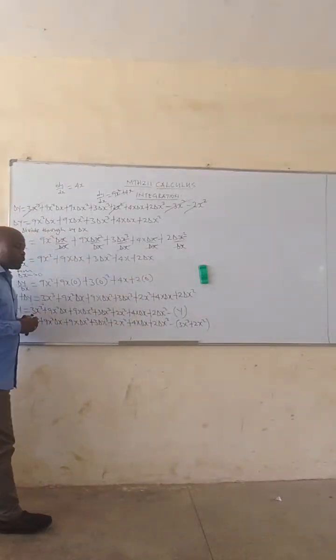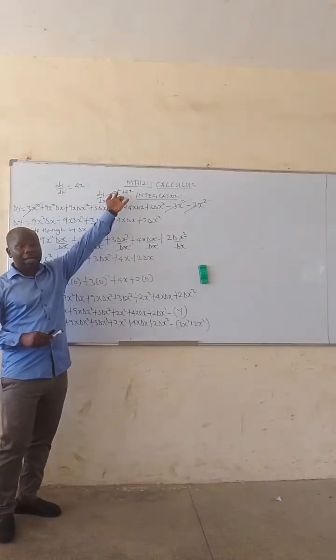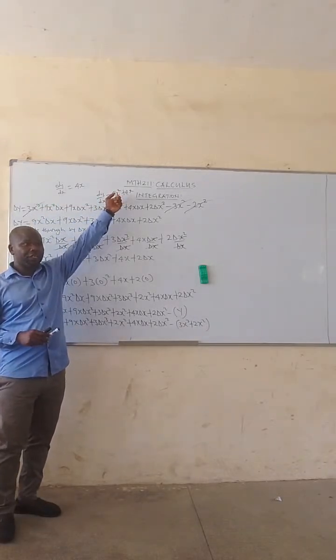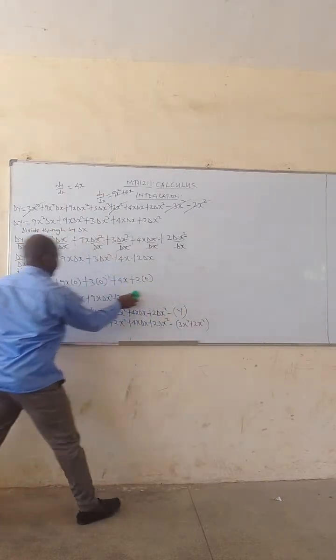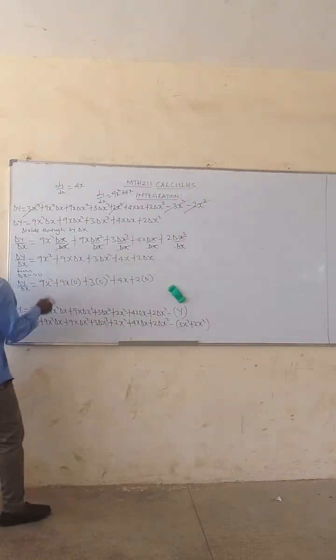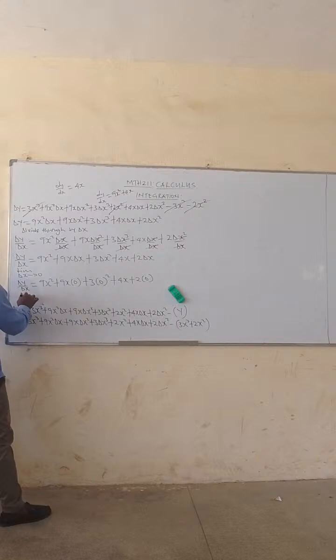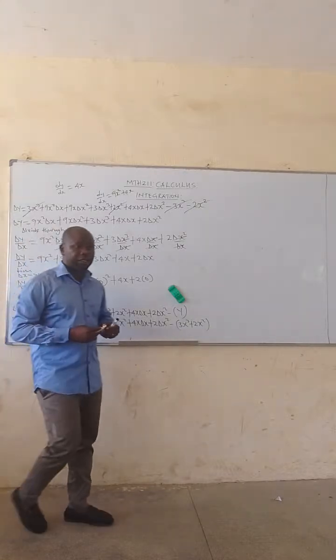So you can now see that we arrive at the expected answer, true or false? Because the whole of this gives us 0. So our dy all over dx is equal to 9x squared plus 4x. This is the final answer.